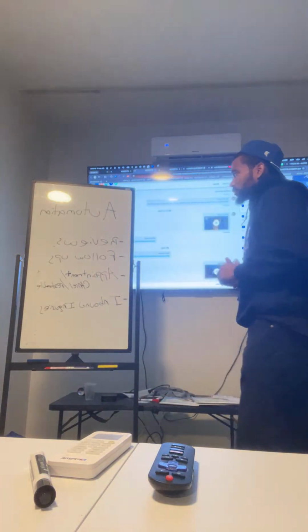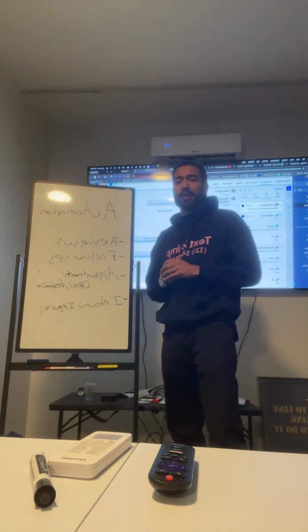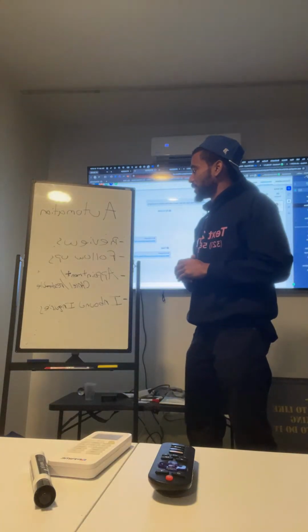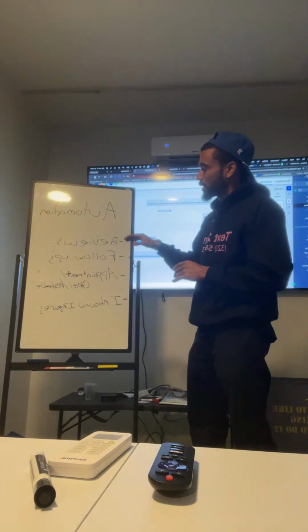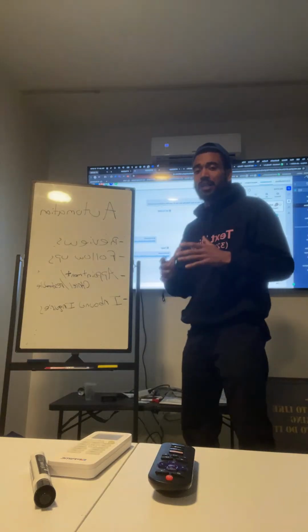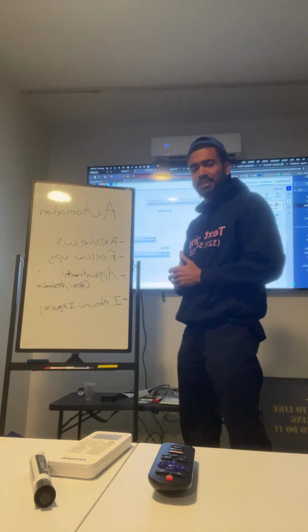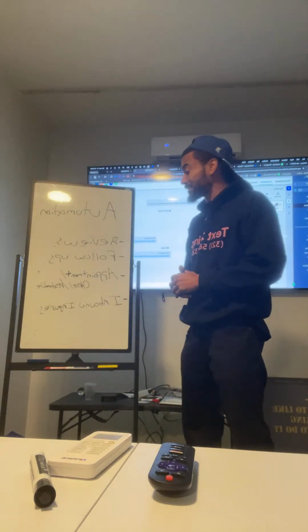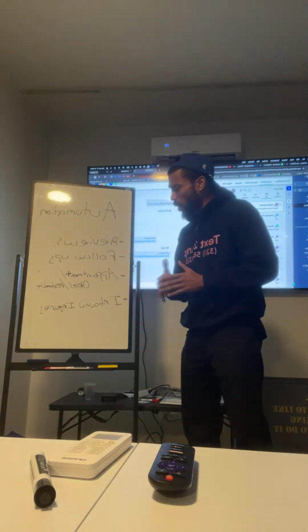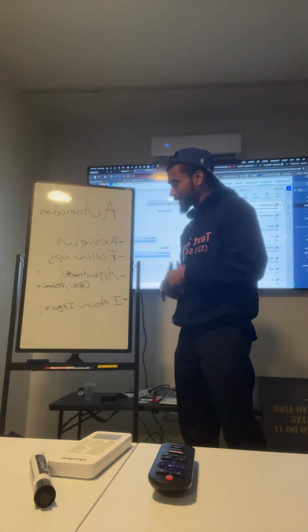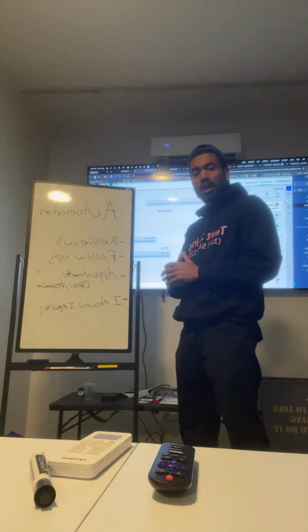All right, so today we're gonna go over a couple of things, right? We're gonna go over some basic automations. Just to start off, I'm gonna go with the reviews, with following up with old or cold data. Old leads that have reached out to your business in the past. We're going to talk about automating appointments, canceling, rescheduling appointments as well.